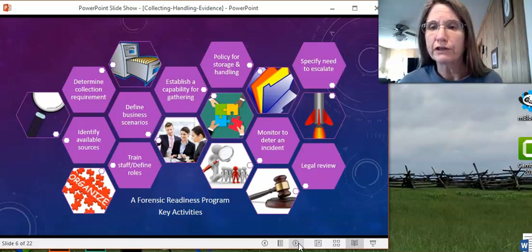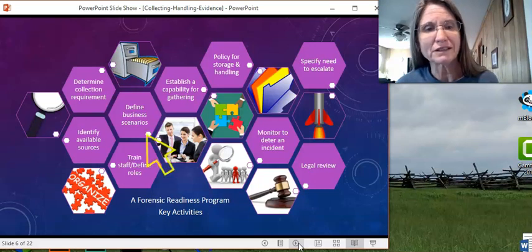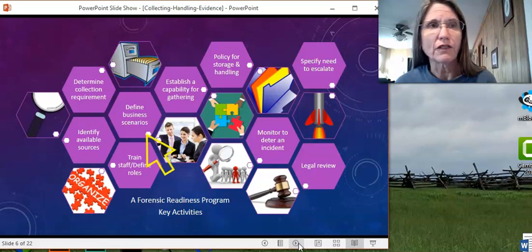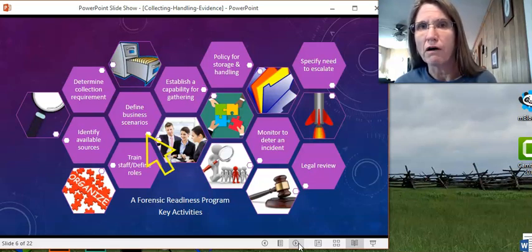We need to define various examples or business scenarios where data may be required. So these would be scenarios like we have been attacked by a hacker, and there is an alert that's been raised by our security incident and event management system. What do we do next?